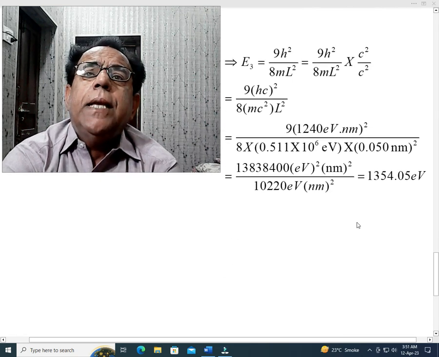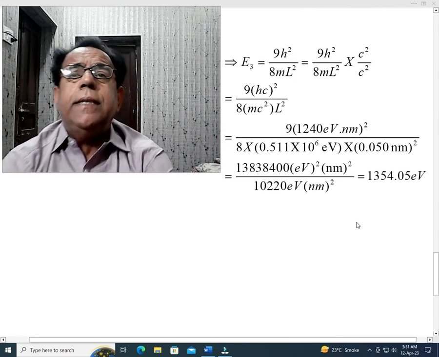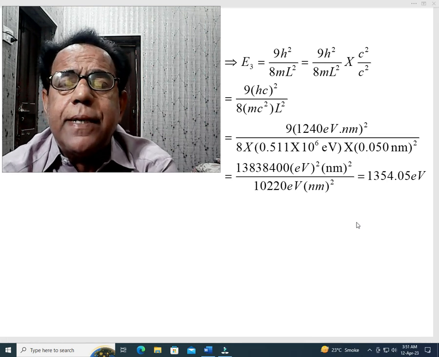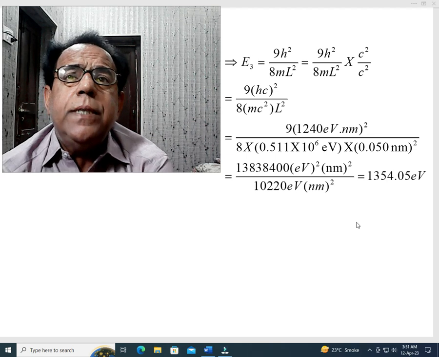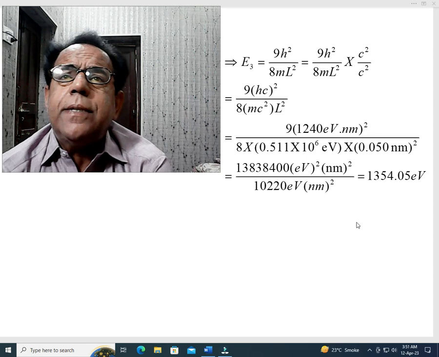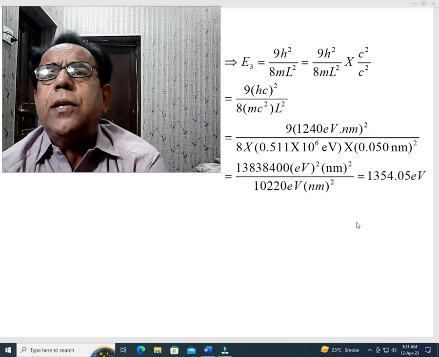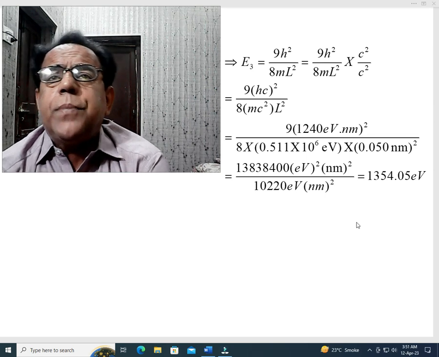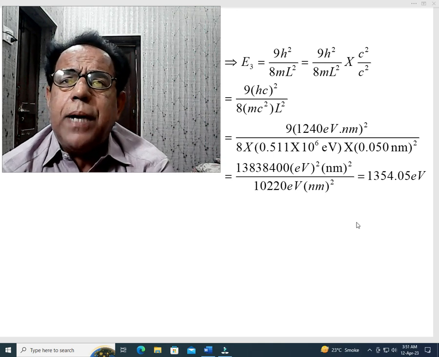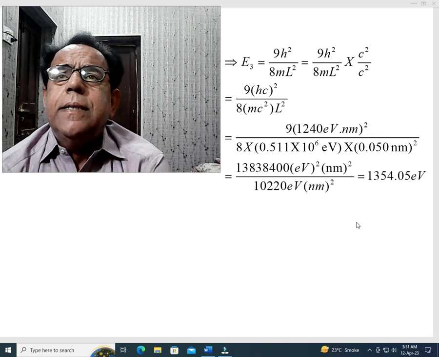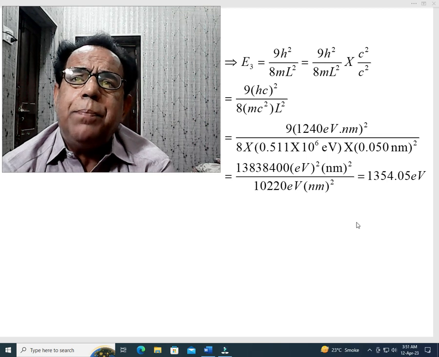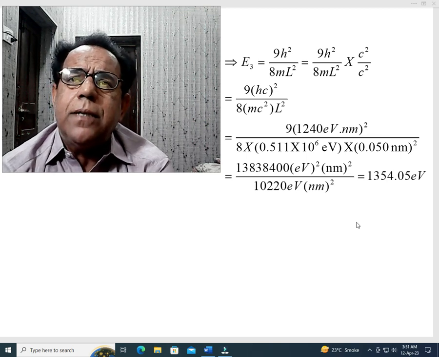Similarly, when we use n equal to 3, then the value E3 becomes equal to 9h square over 8 ml square, because the square of 3 is 9. Alternatively this becomes 9h square over 8 ml square into c square over c square. In the next step we have written hc whole square in a combined manner, and we have written c square along with m, and L square separately as a multiplying factor with this mc square.